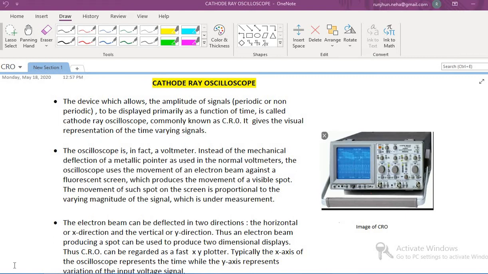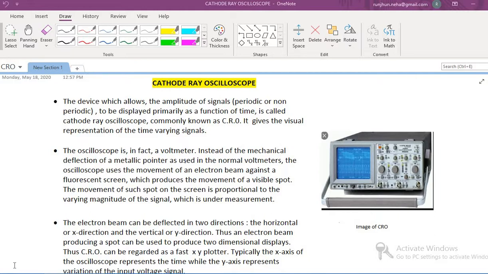Dear students, we are here to discuss an extremely useful and versatile laboratory equipment known as the cathode ray oscilloscope. During the study of various electrical and electronic systems, you must have encountered a wide variety of signal waveforms.